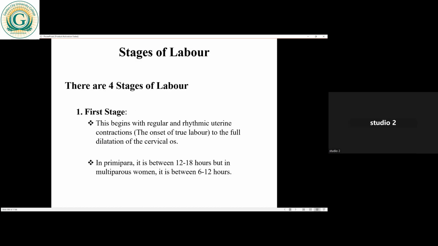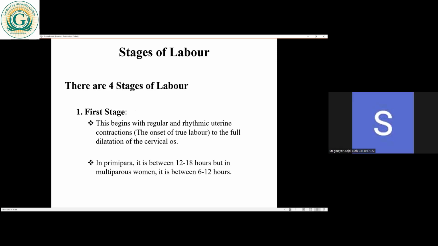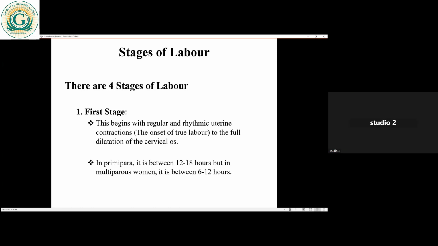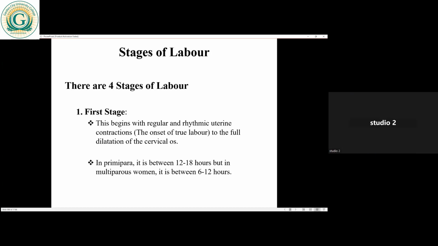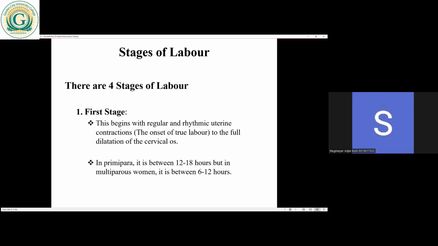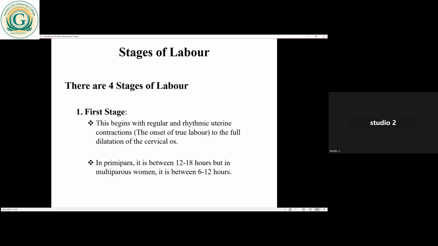Now, labor is in stages. We have first stage, second stage, third stage, and fourth stage. In other words, labor is in four stages. The first stage begins when the woman complains of pain.